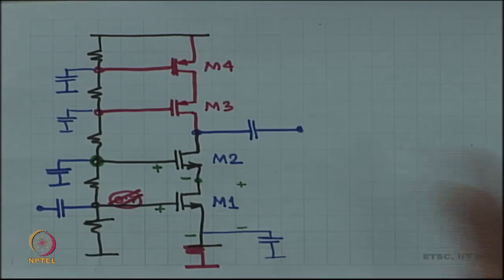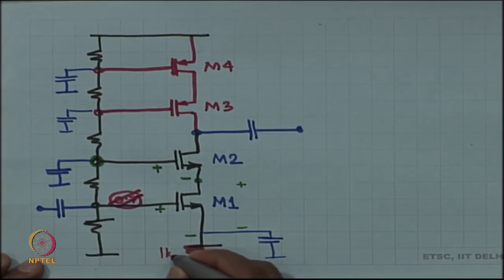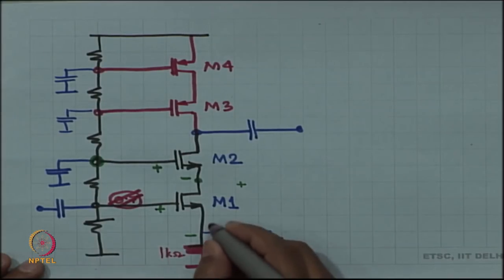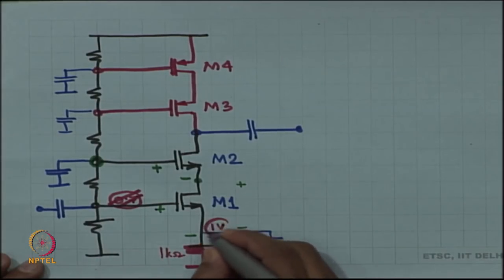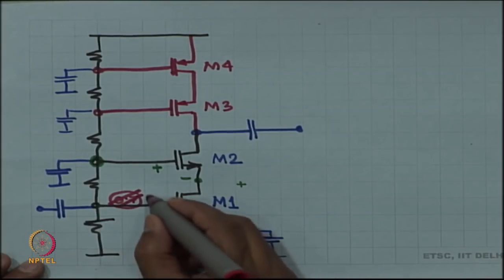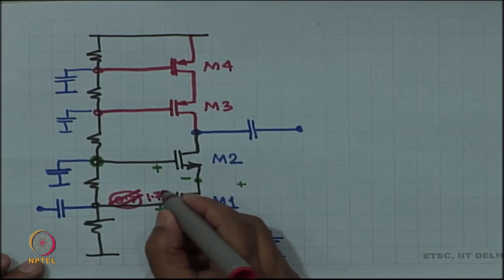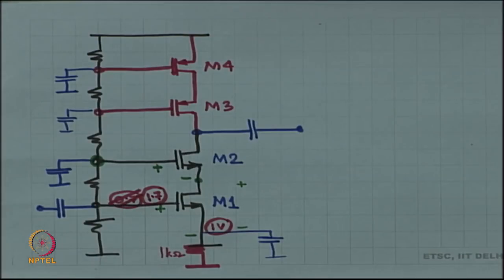And let us say that you want a net current of 1 milliampere, and let us make this 1 K. So, you want 1 volt over here, so 1.7 over here, is that okay?